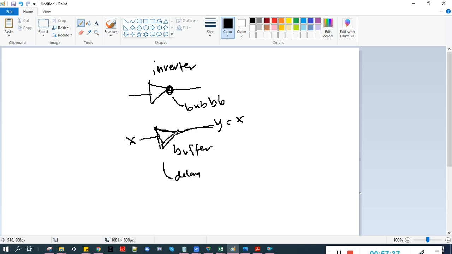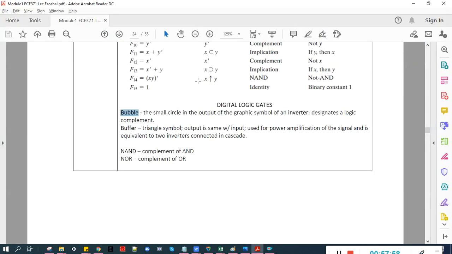But for digital circuits, we want our logic gates to have minimum delay. So a buffer with a bubble becomes an inverter. That's the purpose of the bubble, to indicate that we are inverting the input. The small circle in the output of the graph symbol of an inverter designates a logic complement.